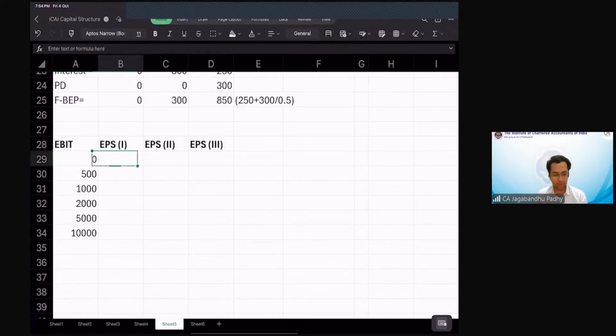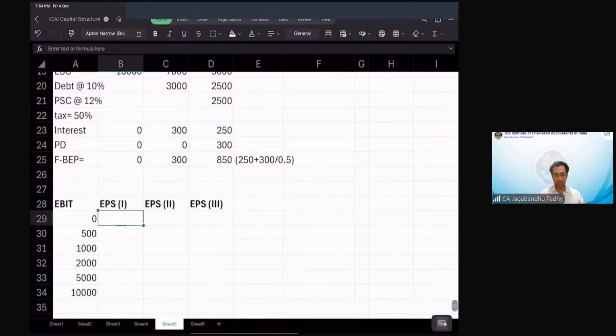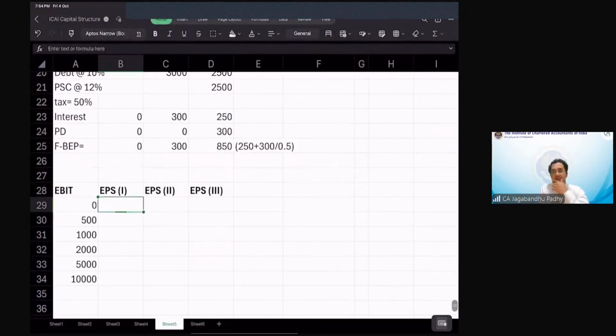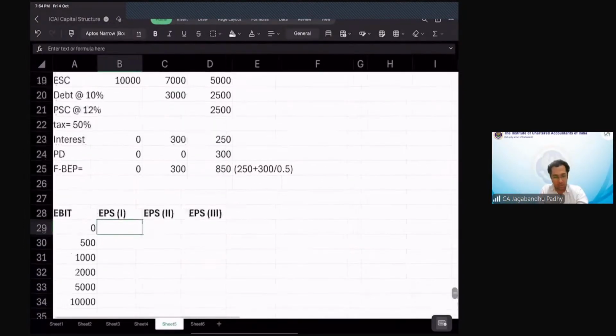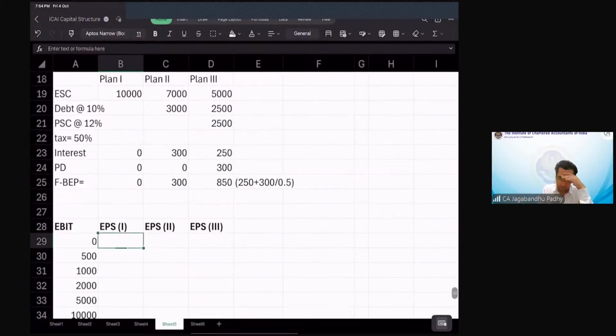Can we compute the EPS over here? What will be the EPS if your EBIT is 0, guys? Tell me. What will be your EPS if your EBIT is 0?